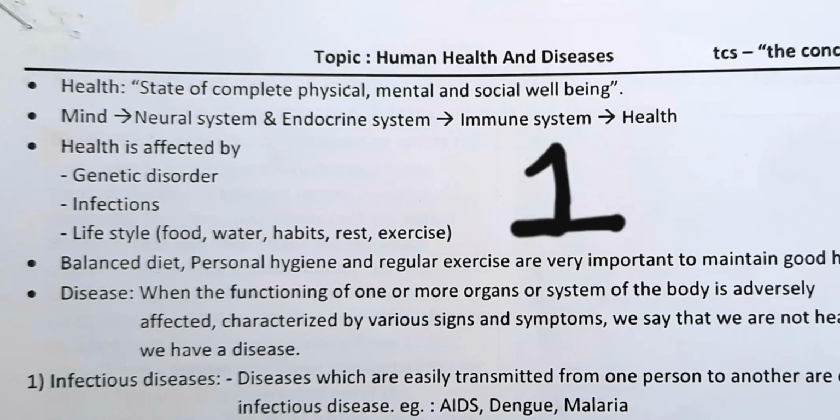The balanced diet, personal hygiene, regular exercise, etc., maintain good health in the individual. A person who is taking a balanced diet, quantity and quality wise, who is maintaining hygiene and cleanliness, and doing regular exercise, I think that person will be able to maintain good health for a long time.